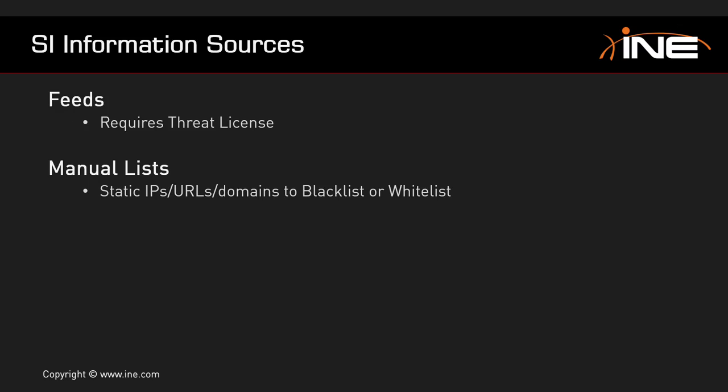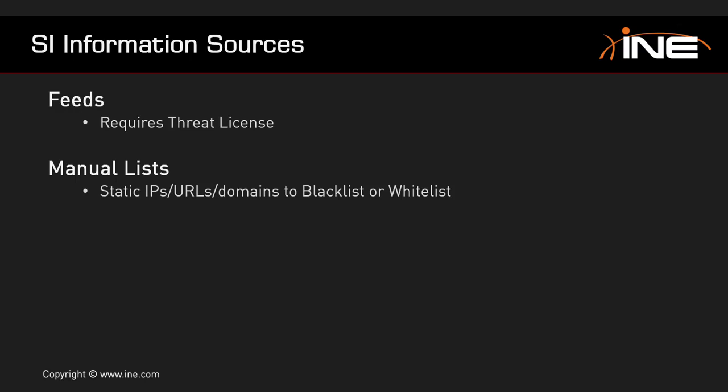You can build static lists for those IPs, URLs, or domains, and you can essentially blacklist, which is how you will drop the communication, or you can add those entries to the whitelist, which is how you will bypass the security intelligence, but you will still go to the access control policy. You can do this manually.